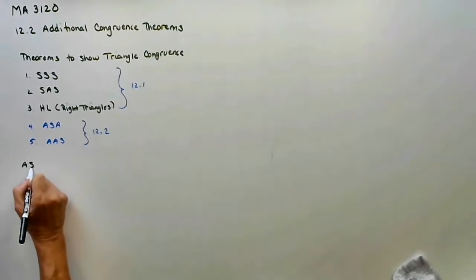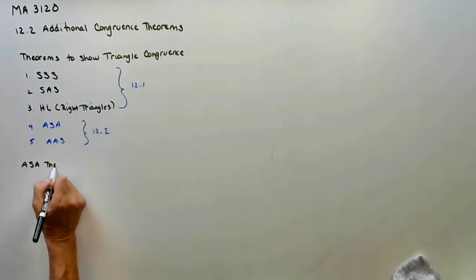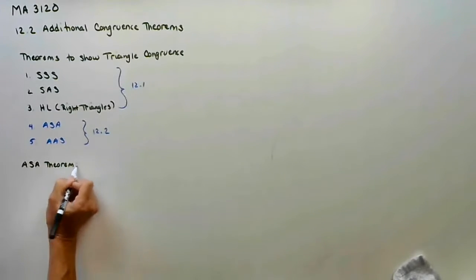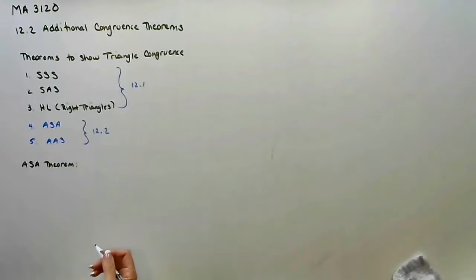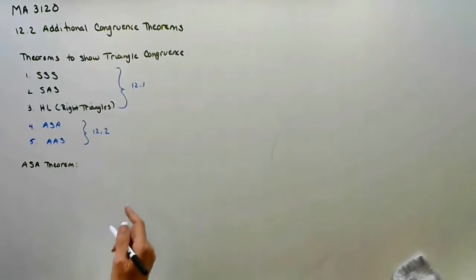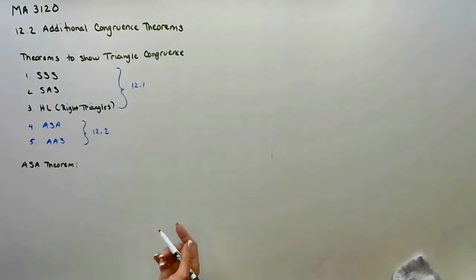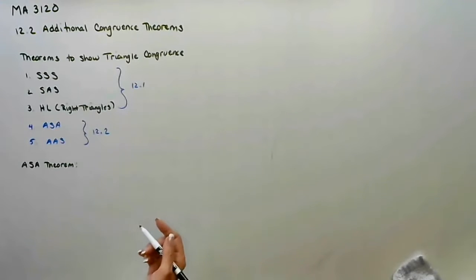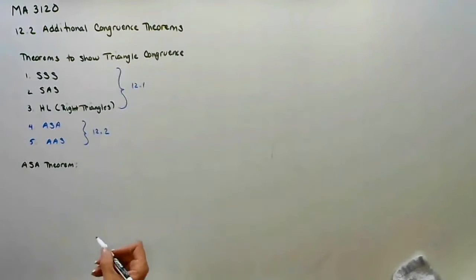So the angle, side, angle theorem. It says if two angles and the included side of one triangle are congruent to two angles and the included side of another triangle, respectively, then the triangles are congruent.